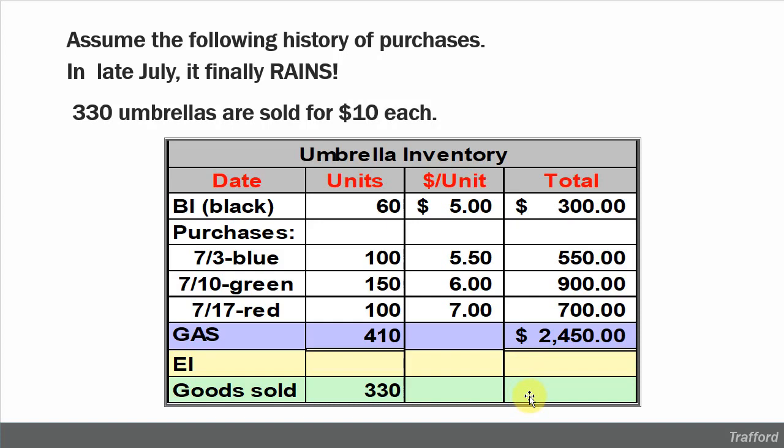Assign it to the cost of those umbrellas that got sold during the month of July. So you'll see soon that what we'll be doing is assigning this 2,450 to ending inventory or cost of goods sold under each one of those four costing methods that we discussed previously.